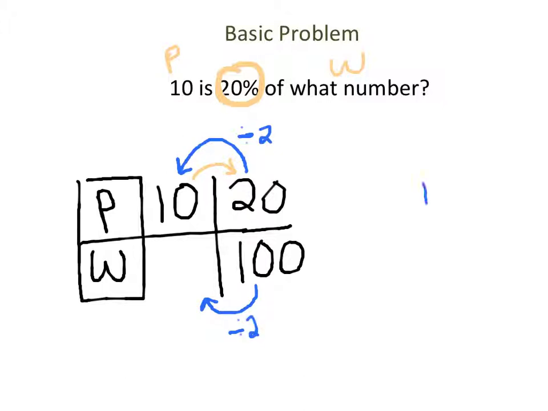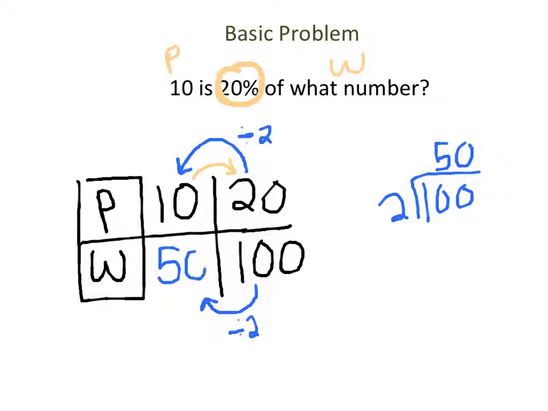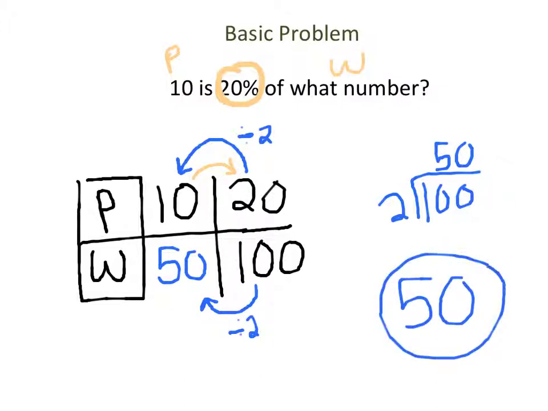And if you need to, you can do this out, 100 divided by 2. Of course, you should know from your factors of 100 that 2 goes into 100 50 times, which means 10 is 20% of 50. 50 is my answer. I'm looking for the whole, and that's what I got.